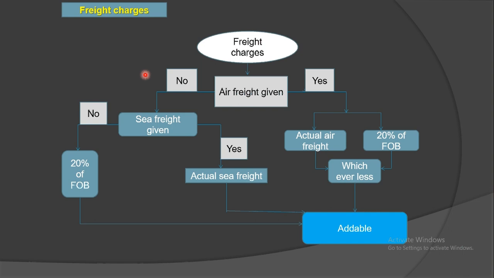If actual freight charges are 800 and 20% of FOB is 1000, then what will the freight charges be? It should be 800. Okay, so whichever is less, we will consider that only for air freight. But in case of sea freight, if it is given in the question, we will take it as it is. But if it is not given in the question, we will take 20% of FOB, only for sea freight. Okay.